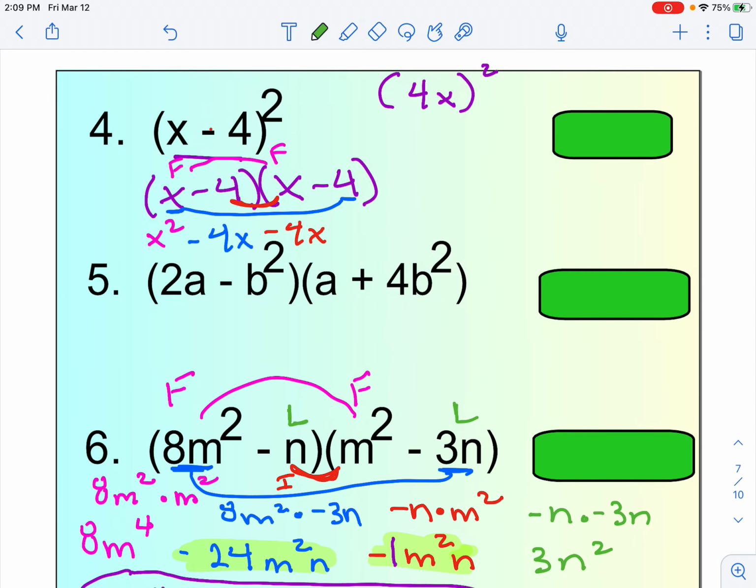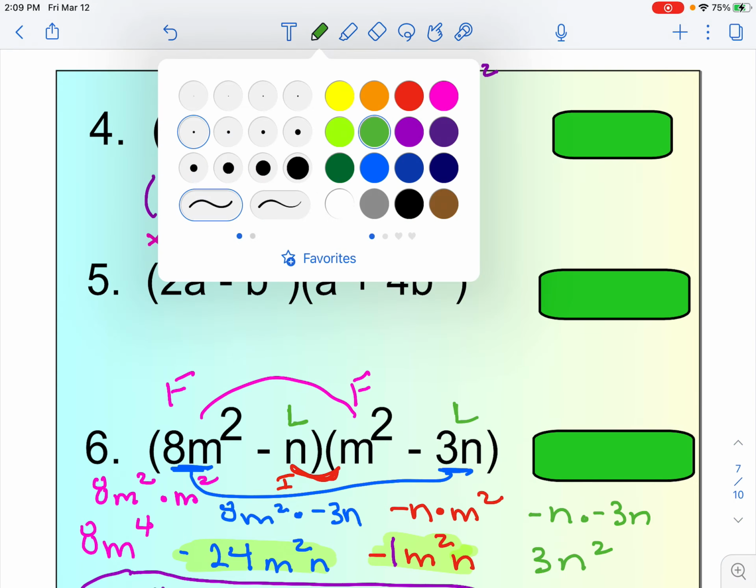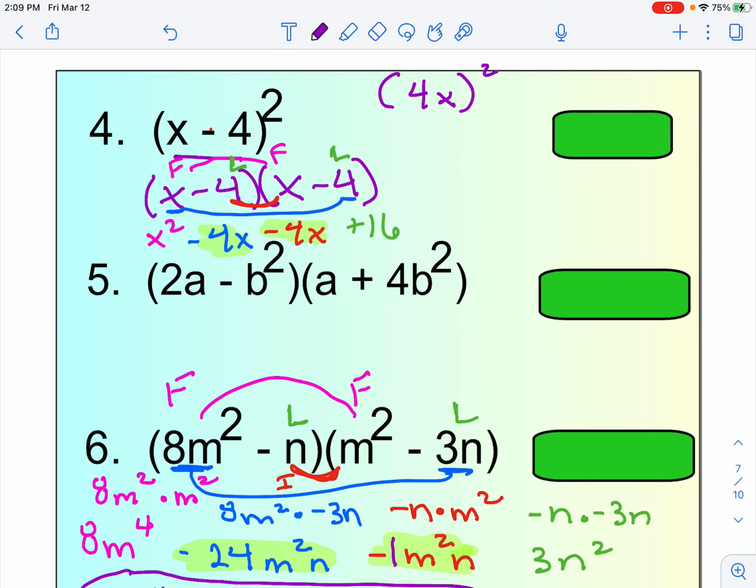And then we're going to do our last term right here times our last term, which gives us positive 16. And again, notice these can be combined, so our final answer would be x squared minus 8x plus 16.